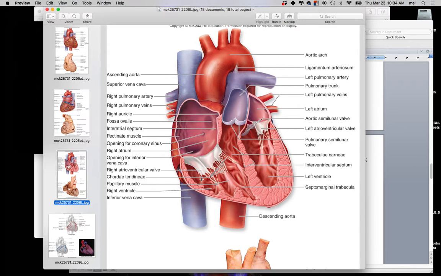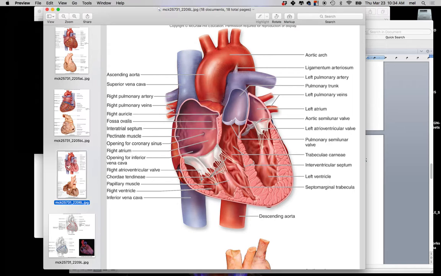So those are really high pressure compared to the semilunar valves, in which as long as nothing is constricting my aorta or my pulmonary trunk, the blood is gone, right? They're not super high pressure. So as far as the likelihood of prolapse, the most likely pair of valves is the AV valves, and the most likely of the two AV valves is which one? Yeah, the bicuspid. But it's not because of the weakness of the structure of the bicuspid, it's because of the pressure the bicuspid is dealing with, right?